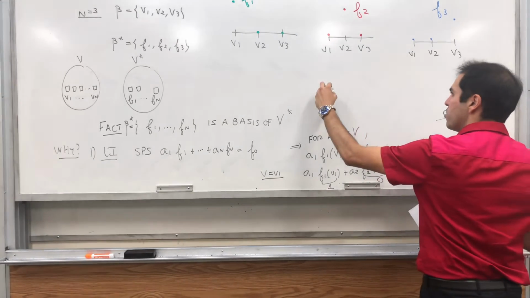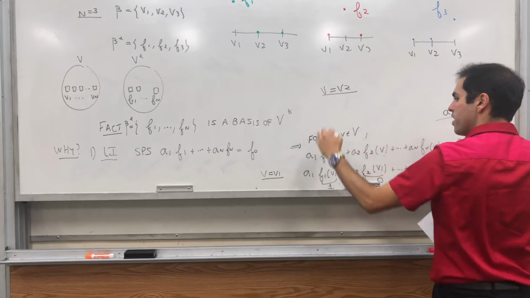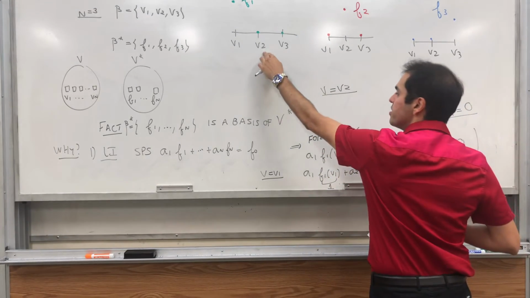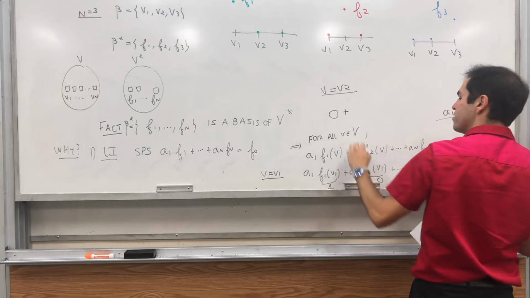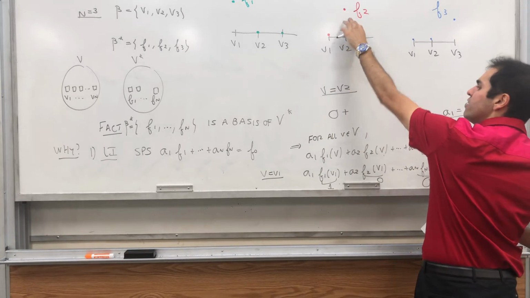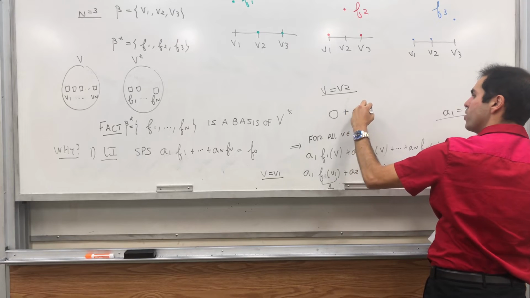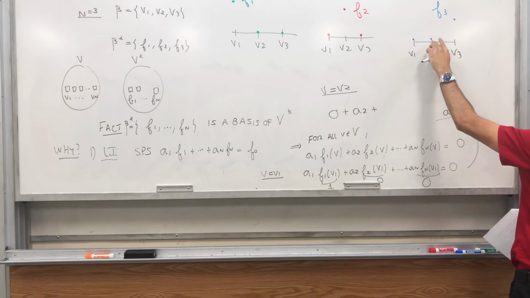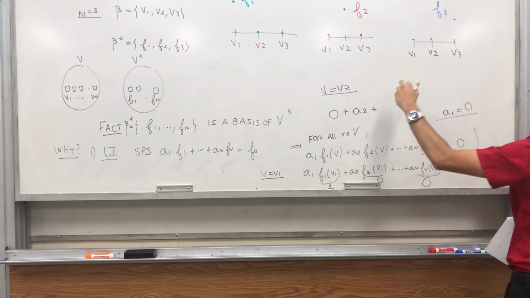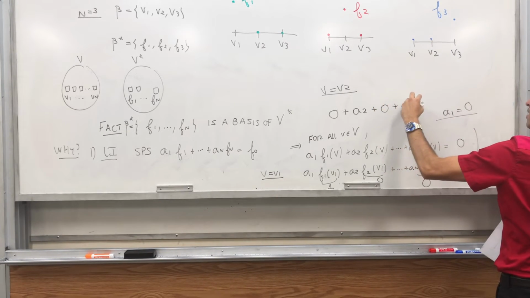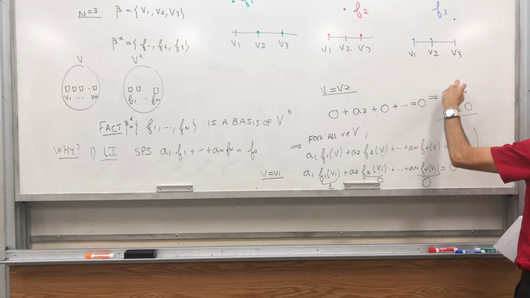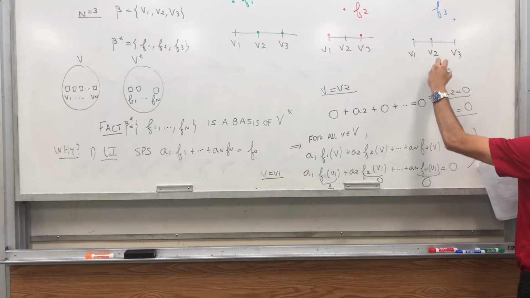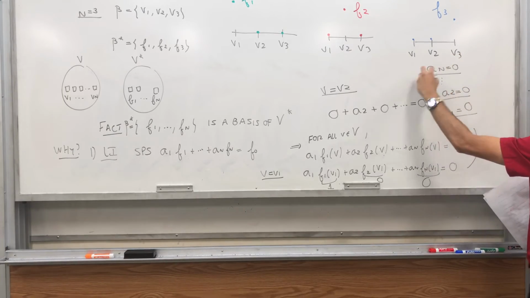If you let v equal v2, then a1 f1 at v2, which is 0, plus a2 f2 at v2, which is 1, so a2, plus a3 f3 at v2, which is 0, and so on, equals 0, and you get a2 equals 0. And then you just continue the same way, and you get an equals 0.